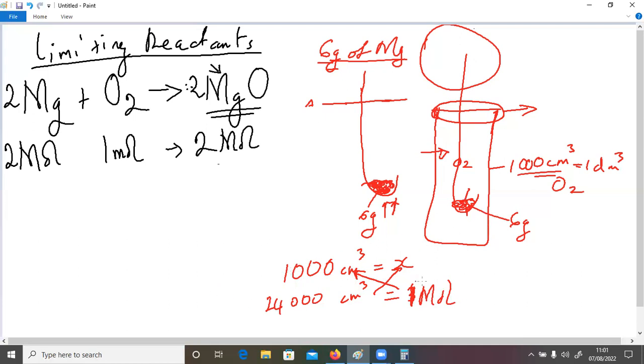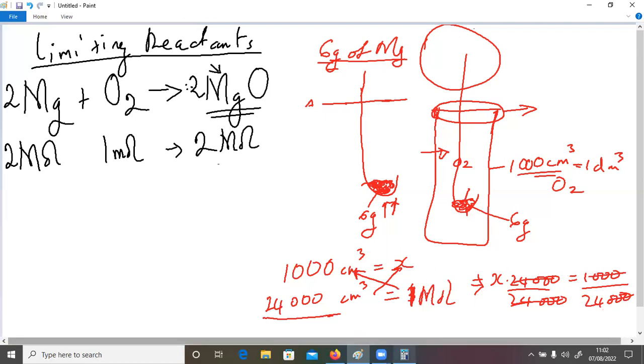I know that 1 mole of oxygen is always 24,000 centimeter cube at room temperature and pressure. So cross multiplying, x multiplied by 24,000 is equal to 1,000, so x, the moles of oxygen, is 1 over 24.